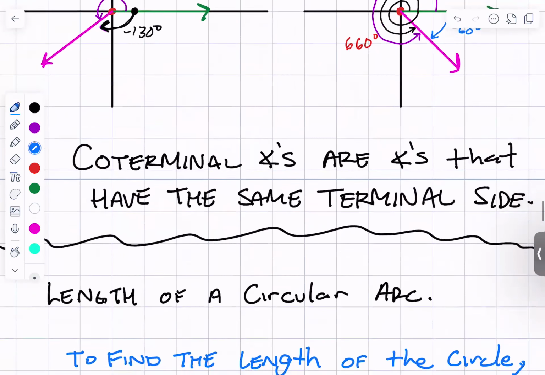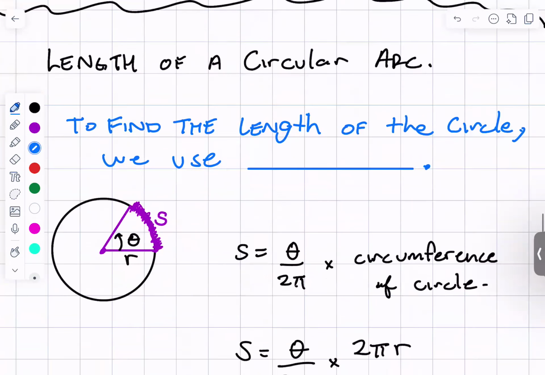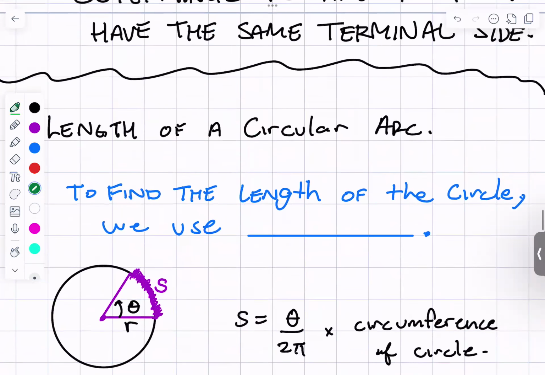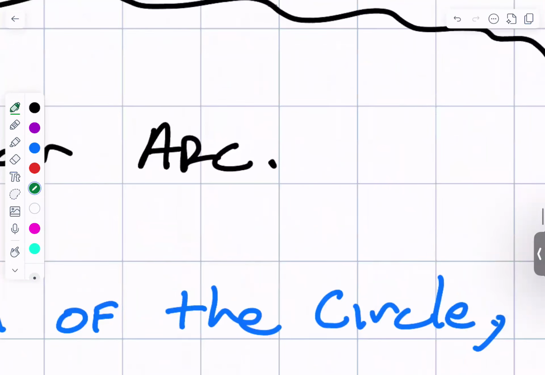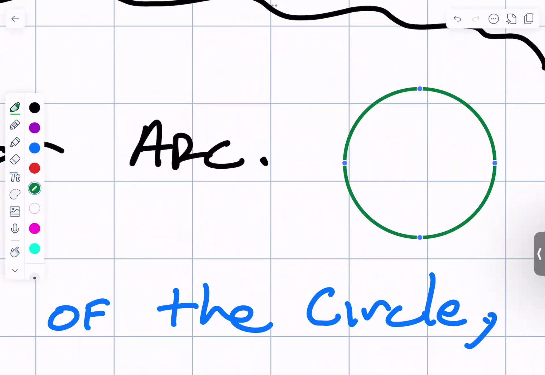Next idea is we are getting the length of the circular arc. Okay, so if we have a circle, class, let me draw it here. If we have a circle, like that, and I have a center, and if I say that's, I don't know, 7, right?